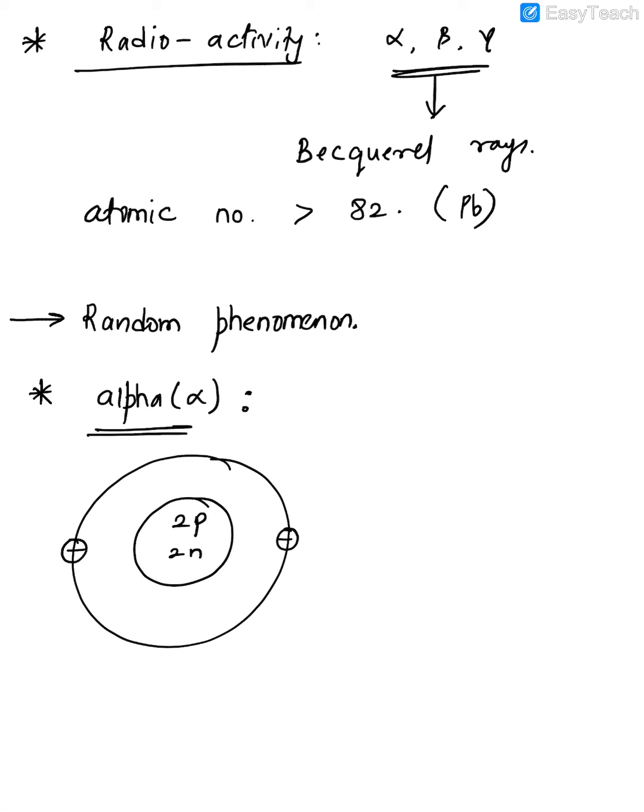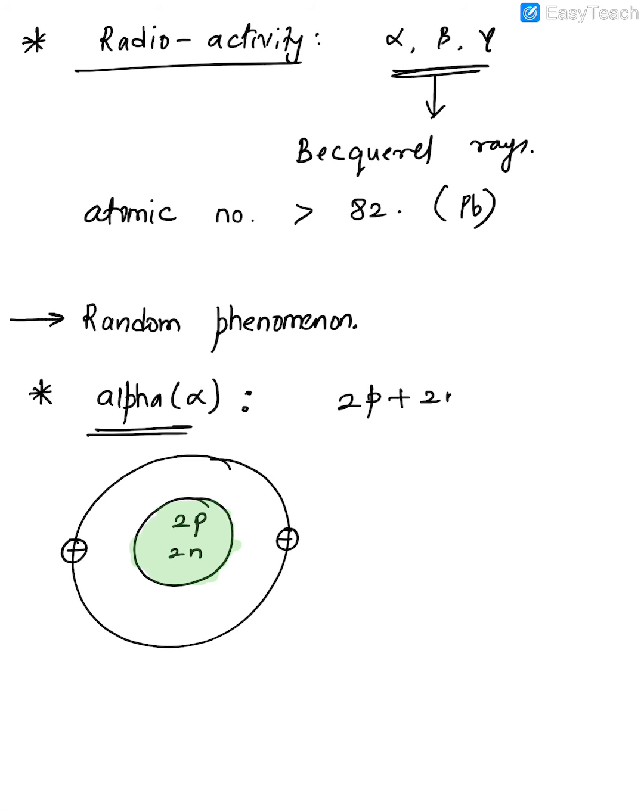Now what is an alpha particle? I'll repeat once again: the nucleus of a helium atom is called an alpha particle. Only what I have shaded here is an alpha particle, not the electrons outside. So alpha is made up of 2 protons and 2 neutrons.